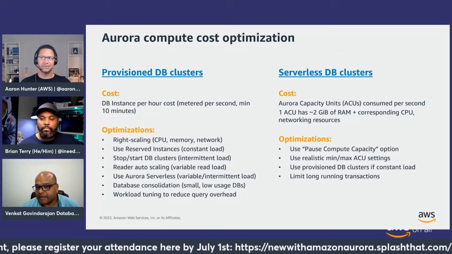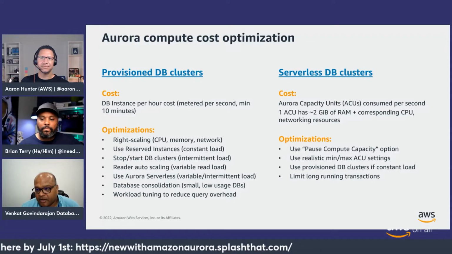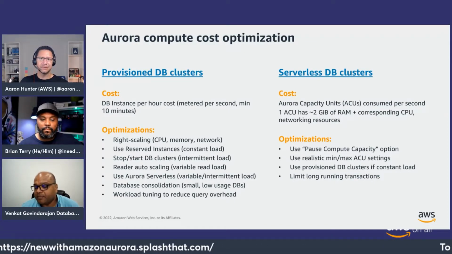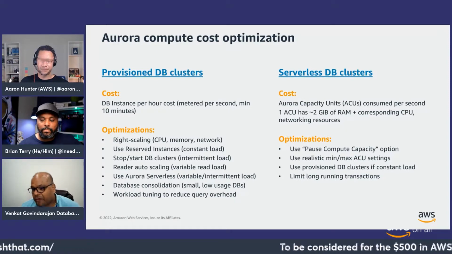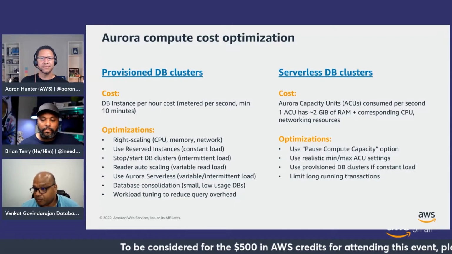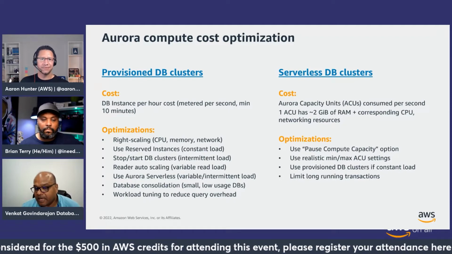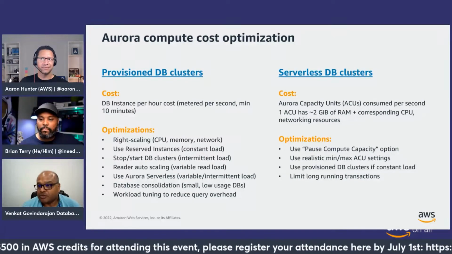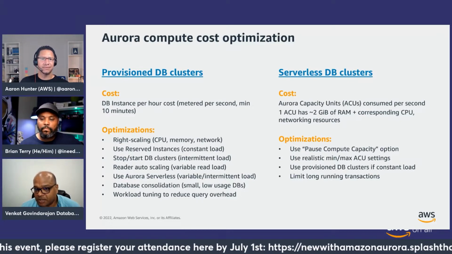So that is a balancing act you have to do, and that way you can understand your workload and help optimize your cost. Right, and we talk about cost optimization and not cost reduction, because you pay for what you use. The way we are trying to help you is by using the most efficient way so that you can optimize your cost.